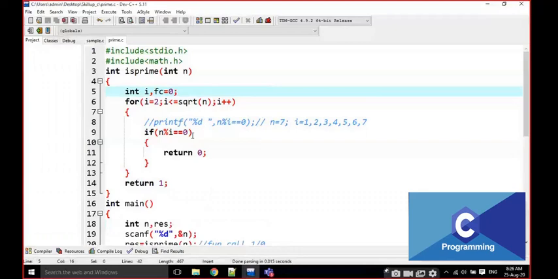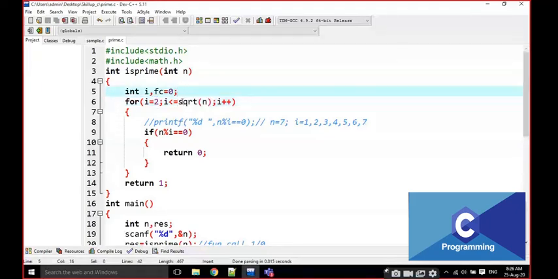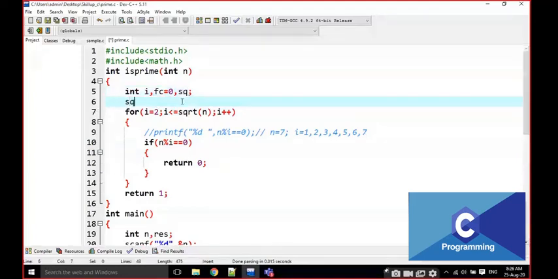In this way, we are going to check up to only SQRT of n. We have to start at 2 and stop at that value. For example, SQ is equal to SQRT of n.